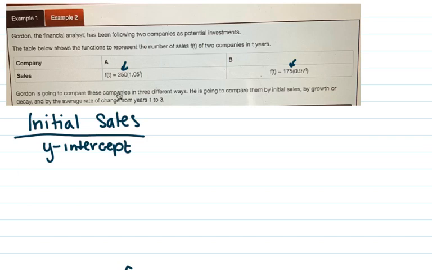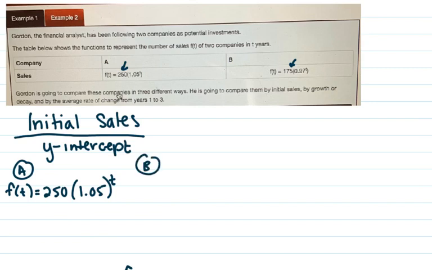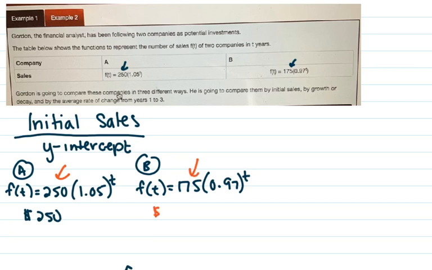So I'm just going to put company A, f of t equals 250 times 1.05 to the t, and company B is f of t equals 175 times 0.97 to the t. And so for initial sales, A has an initial sales of 250, and company B has initial sales of 175.